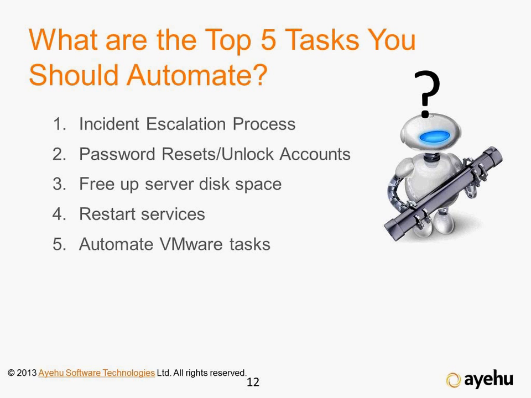In our experience, typically things that involve incident escalation tend to be the most popular tasks, followed very closely by password resets, locking accounts, freeing up server disk space when a server drops below 10% or some other threshold of disk space, restarting services like IIS, and also very popular, the automation of VMware tasks like provisioning a new virtual machine and that nature. These are typically among the top 5 most popular tasks that we run into that people look to automation for.